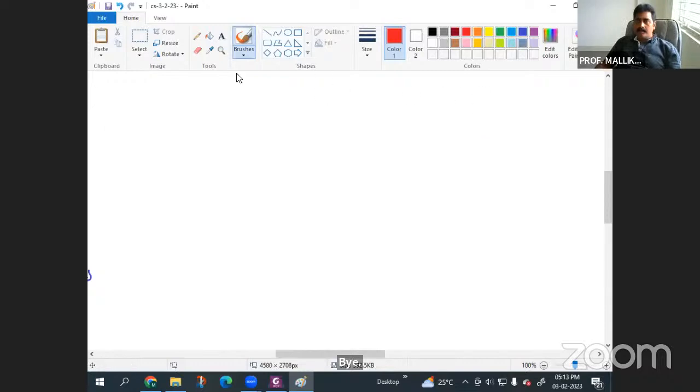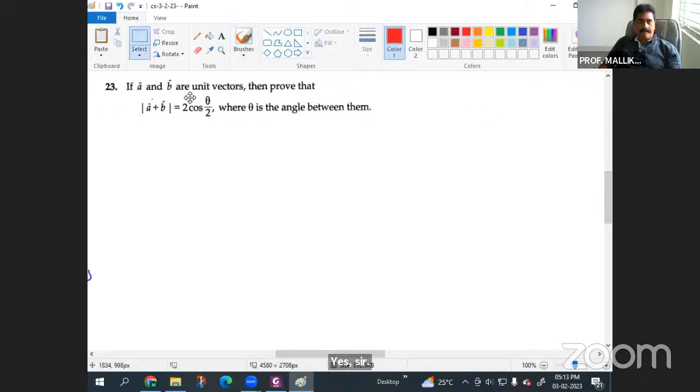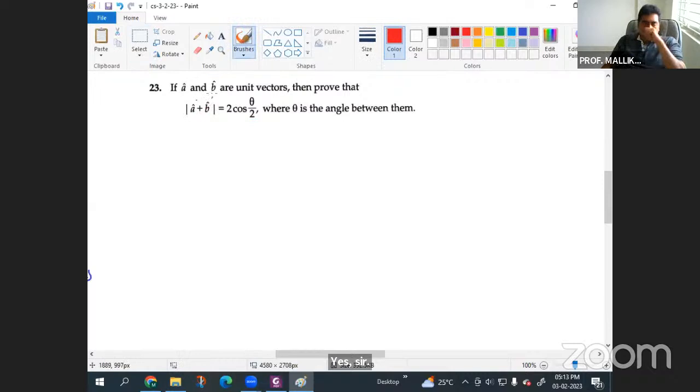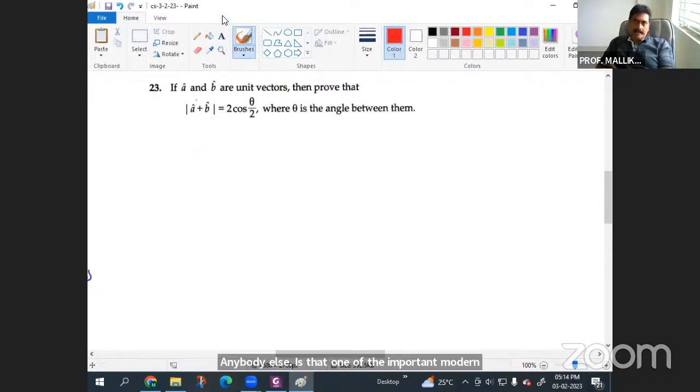Now, can you try this question? Very important. A and B are unit vectors. Then prove that mod of A plus B equals 2 cos theta by 2, where theta is the angle between them. This is one of the important model questions in vectors.